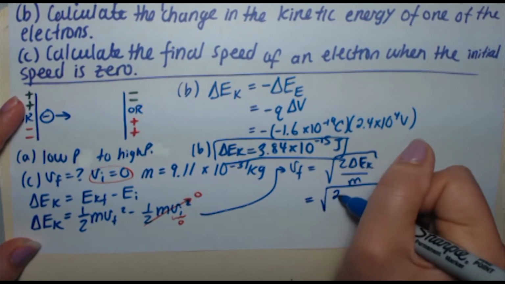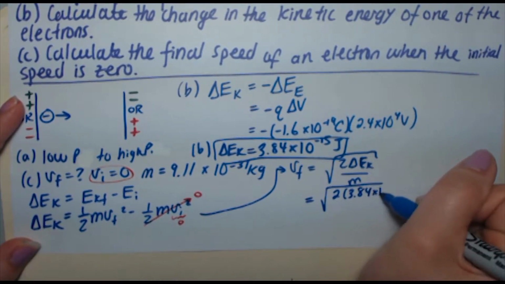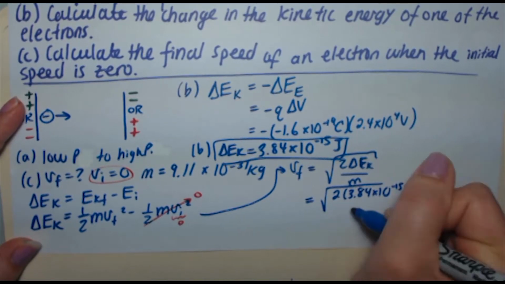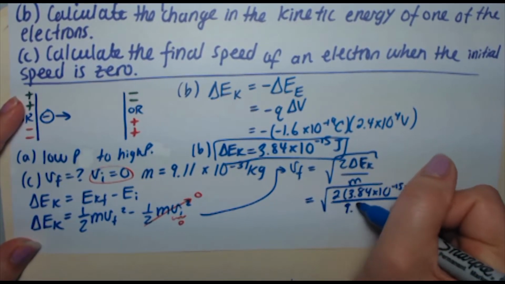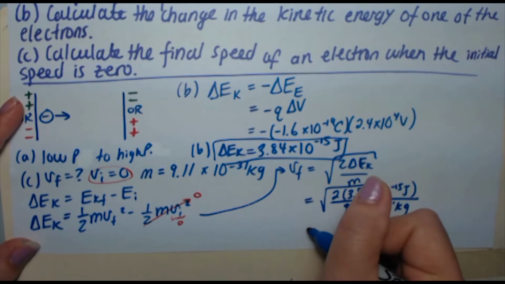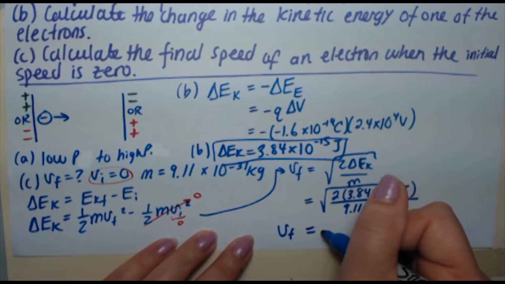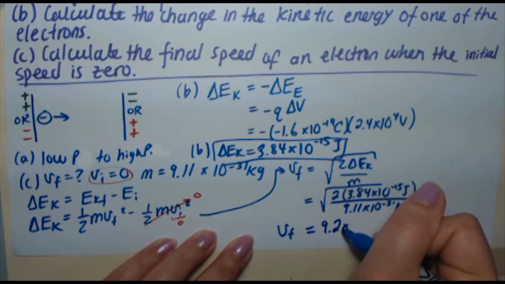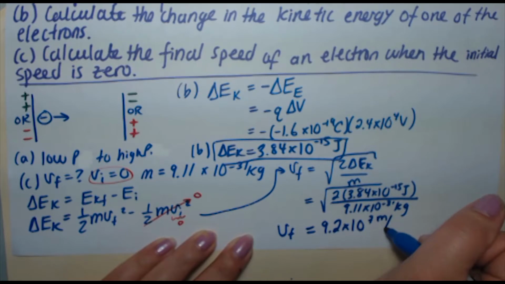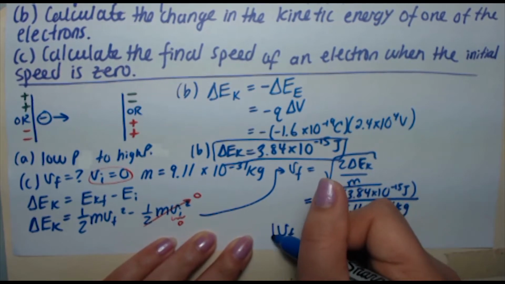So square root of 2 times my delta Ek I just found up here, 3.84 times 10 to the minus 15 joules, divided by the mass of the electron, 9.11 times 10 to the minus 31 kilograms. So when you crunch those in your calculator, you are going to get a final speed of 9.2 times 10 to the 7 meters per second. And of course, a direction is not required because we're asked to find speed. This is approximate, by the way.